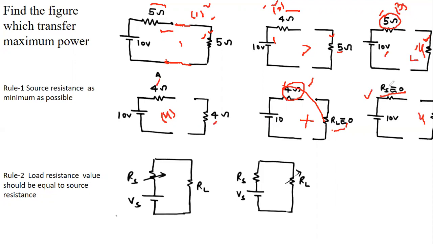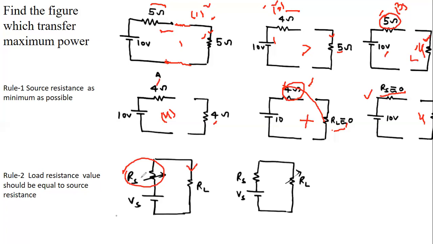If it is possible to make the source resistance as small as possible, please do it. Then the power transfer is maximum. So here we have shown that if the source resistance Rs is variable, then maximum power is transferred across the load when the source resistance value is 0.